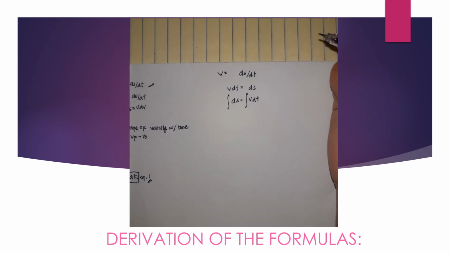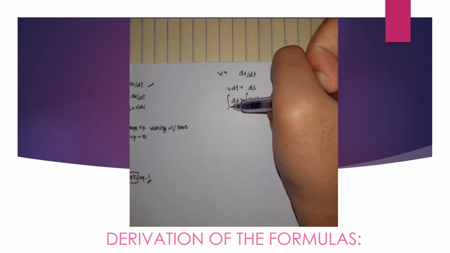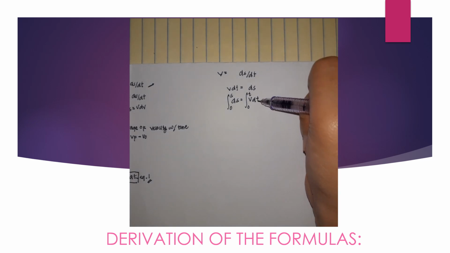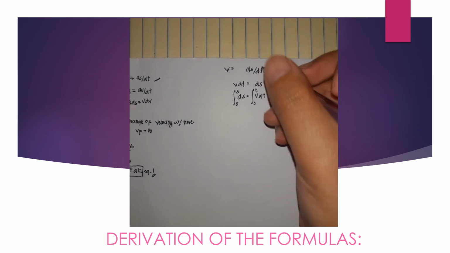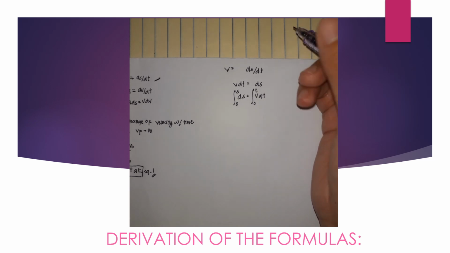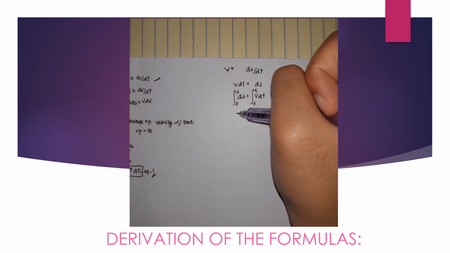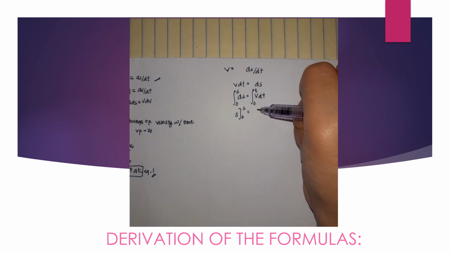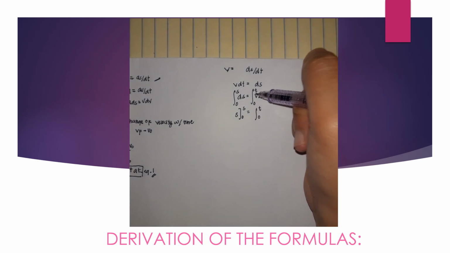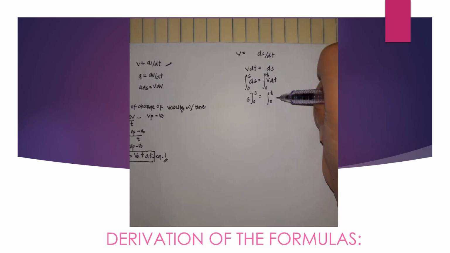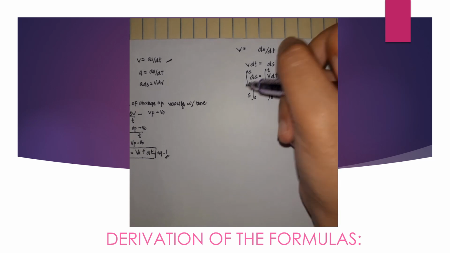The integral of ds with limits 0 to s equals the integral with respect to t from 0 to t. The integral of ds is s, evaluated from 0 to s. Our v here is v initial plus at, times dt.